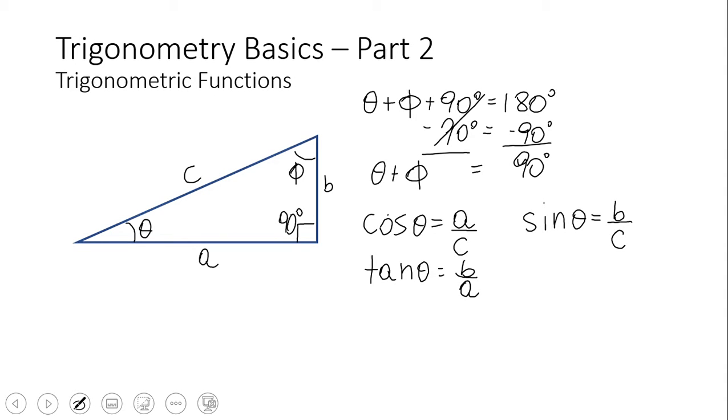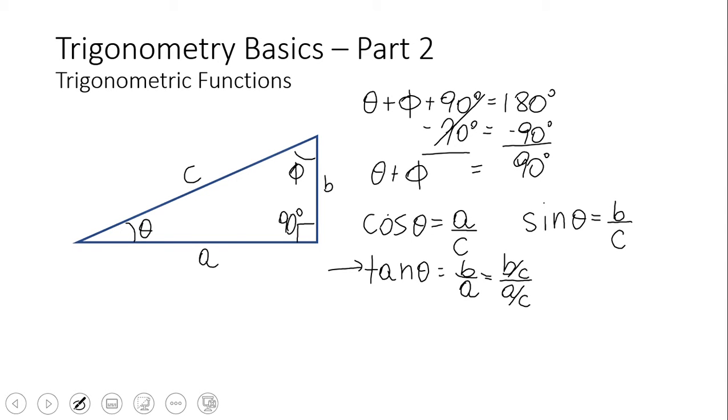Now you might say, what are these three? As I said, for now, just take them to be three definitions of three functions that we will see in a second how to use. Before we do anything else, let's look at the third one here, the tangent. We can actually define the tangent in terms of the sine and cosine in the following way. If I divide the numerator and denominator by C, I'm still not changing the value of the function because I'm dividing both numbers by the same number.